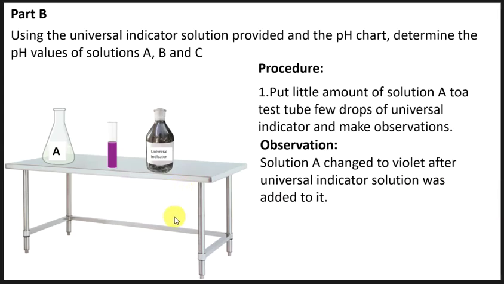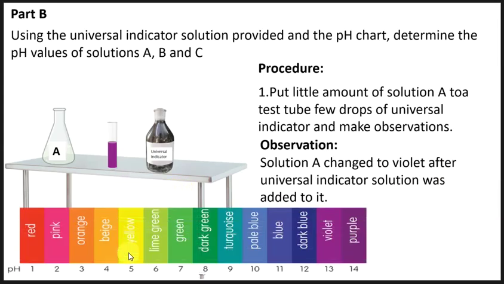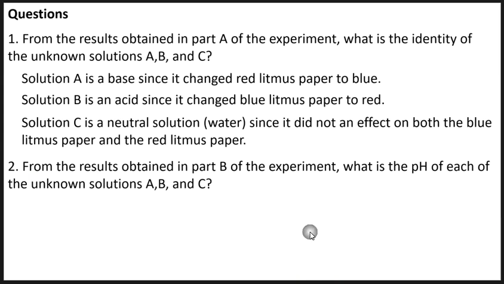We use the pH chart. This color, which changed to violet, corresponds to a certain number, which is the pH. These are pH values from 1 up to 14 on the chart we are using here, but usually they range from 0 up to 14. So this violet has a pH of 13. We'll get back to our results and say the pH value of solution A is 13.